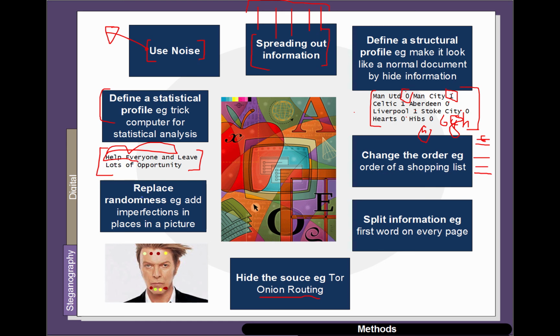And then we can replace some randomness, such as imperfections in a photograph. Obviously you wouldn't see these, but we could put spots here on David Bowie's face, and this would be a 0, 1, 1, 0, and then a 1, 0, 0, 1. It looks like that is an I.